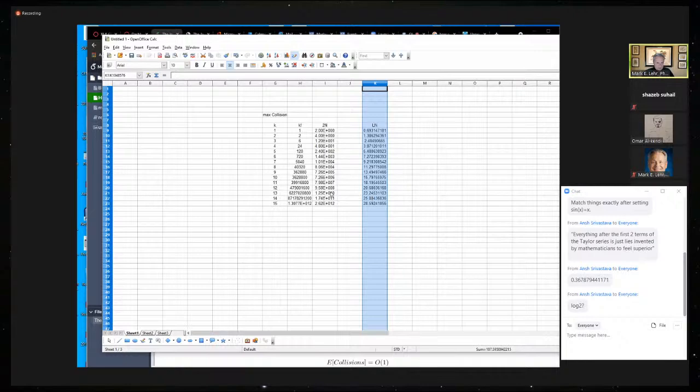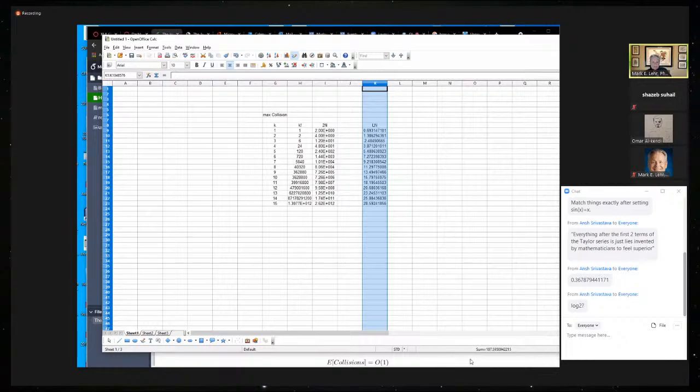See that? This log growth is a little larger than K is growing.